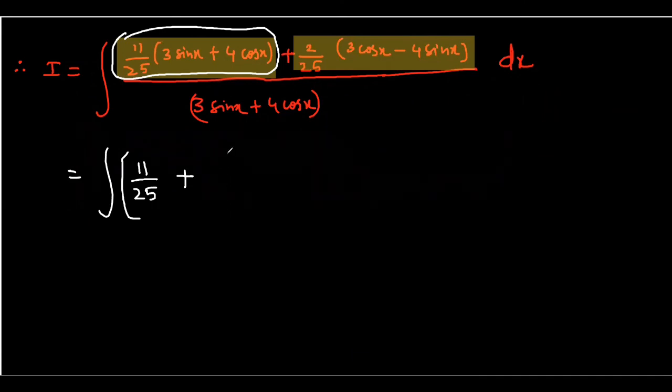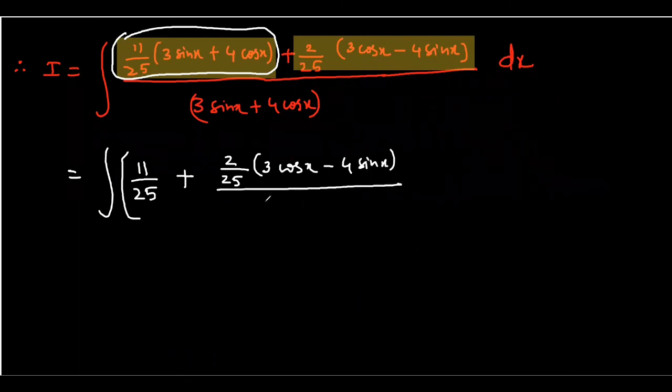That is why we did it so, because we wanted to have it transformed. You remember the word transformation? This is all transformation happening. Plus 2 upon 25, 3 cos x minus 4 sin x upon 3 sin x plus 4 cos x dx.